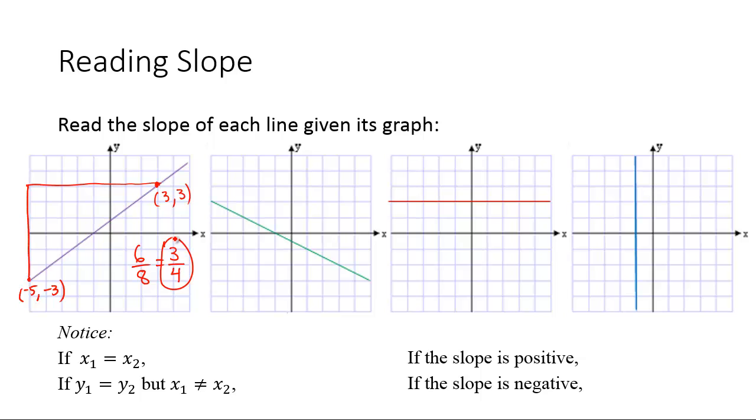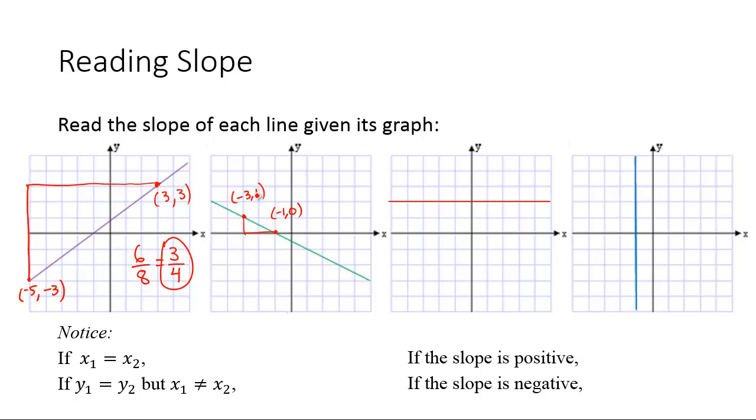I also draw attention to the fact that this is positive 3/4. Let's look at the next one. Here's a nice point. Oh, here's another nice point. So in this case, we've got -1, 0, and -3, 1.